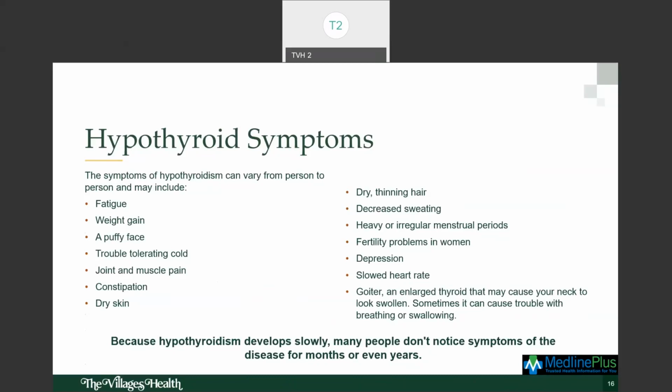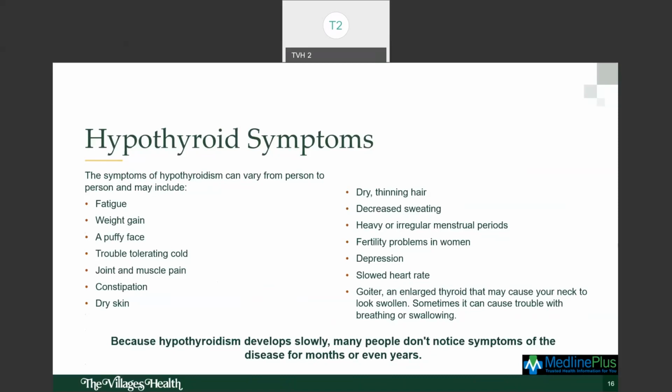Maybe just a very small amount, even in the extreme heat. For women, having heavy or irregular menstrual periods could be a symptom of hypothyroidism. Also, there could be some fertility problems in women with this condition. You may also notice some depression, even a slower heart rate.